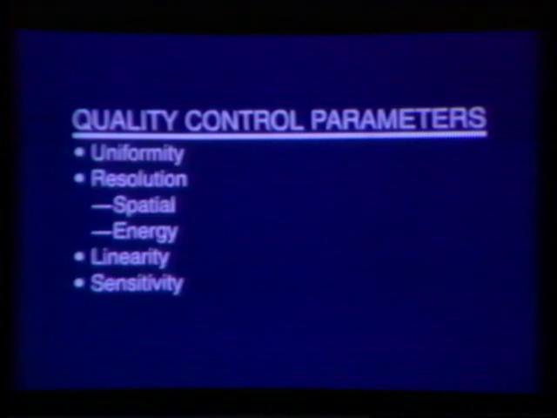For this reason, it's important to know the basic standards for quality control of the gamma camera. The most important parameters are uniformity, resolution or resolving power, defined in two ways, spatial resolution and energy resolution, linearity or spatial distortion, and sensitivity or efficiency.